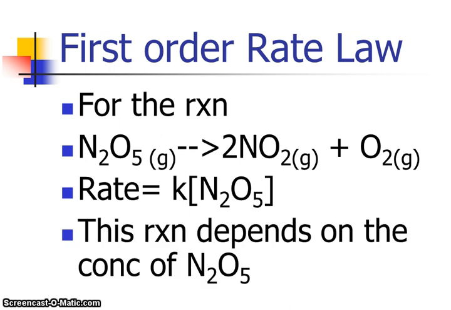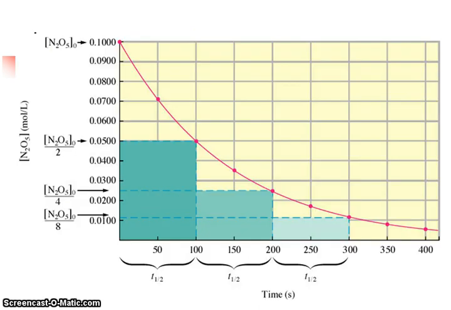So this reaction depends on the concentration of dinitrogen pentoxide. So let's look at a graph. Here we've got the concentration of dinitrogen pentoxide on the y-axis, and we've got time on the x-axis. And what we should notice is the concentration goes down with time going up.